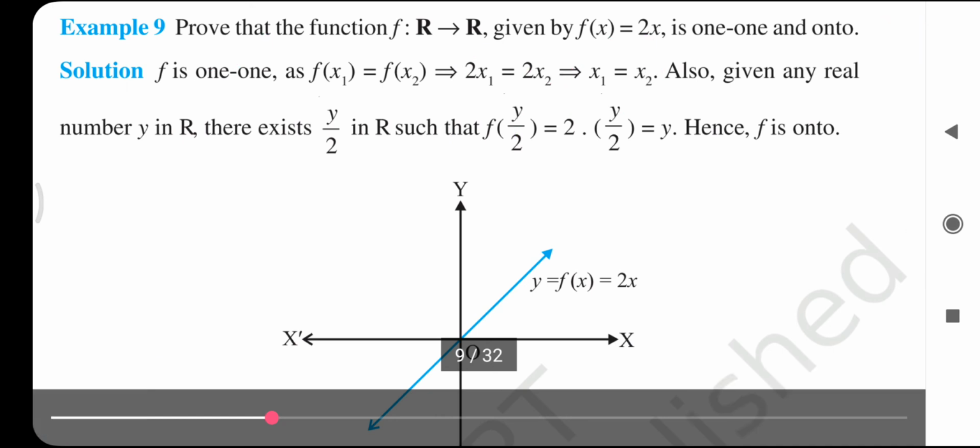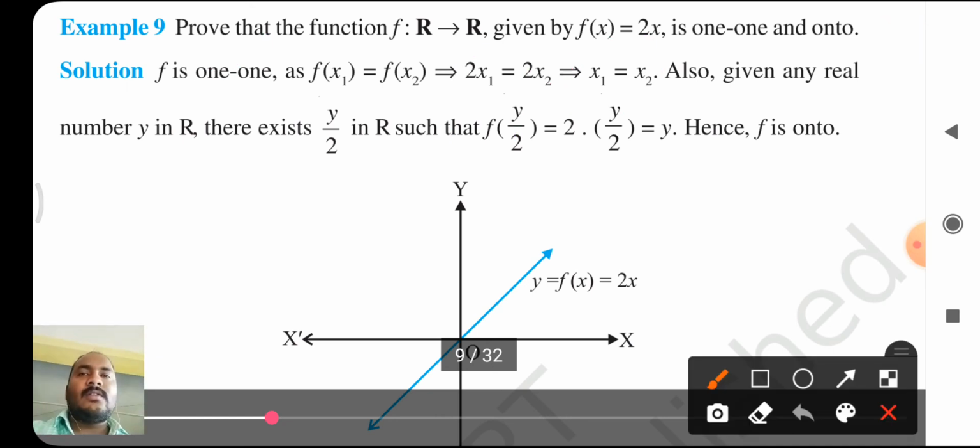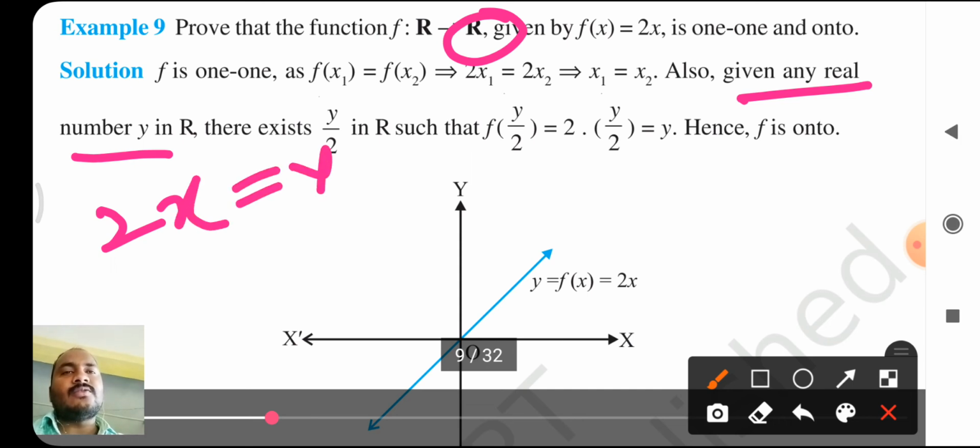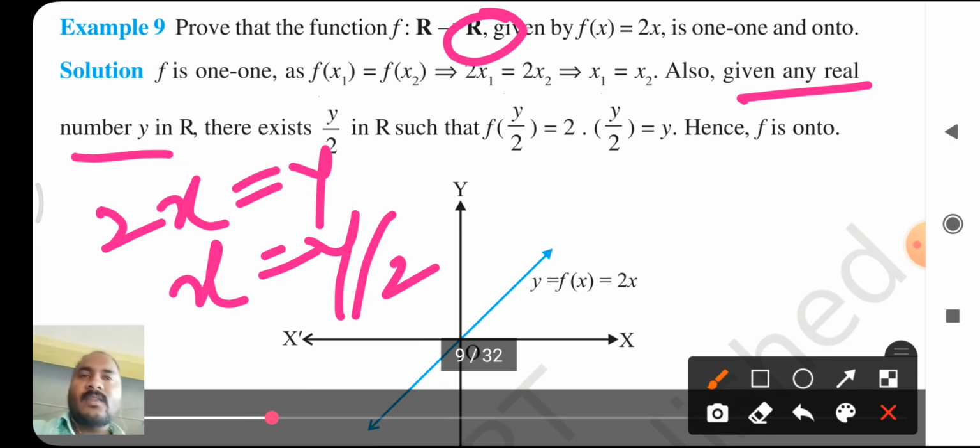Next, prove f is an onto function. Given any real number y in the codomain R of the given function, then there exists y by 2 in R. Because here we consider 2x is equal to y, and x is equal to y by 2.